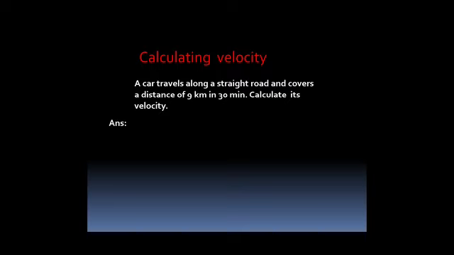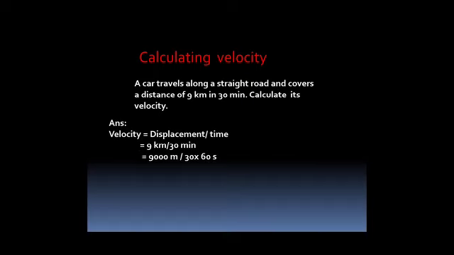Let's solve an example to understand calculation of velocity. A car travels along a straight road and covers a distance of 9 km in 30 minutes. Calculate its velocity. Now velocity is given by displacement upon time. Here the displacement is 9 km because the car is traveling along a straight road, and the time taken for the travel is 30 minutes.